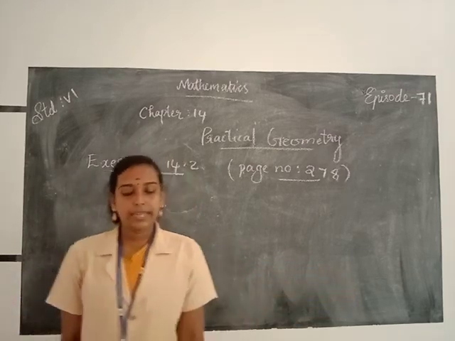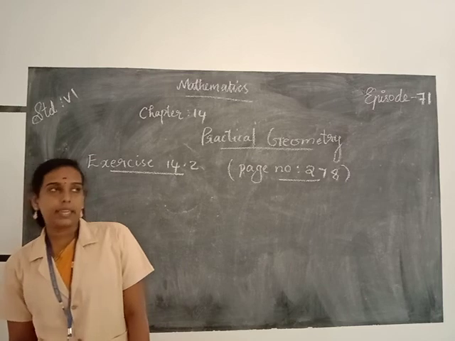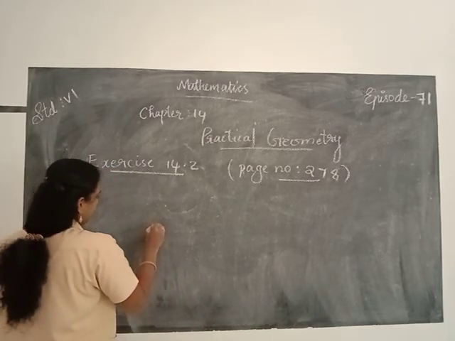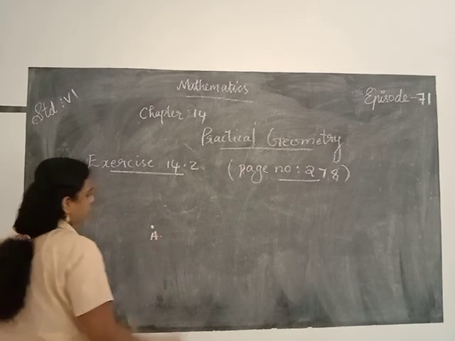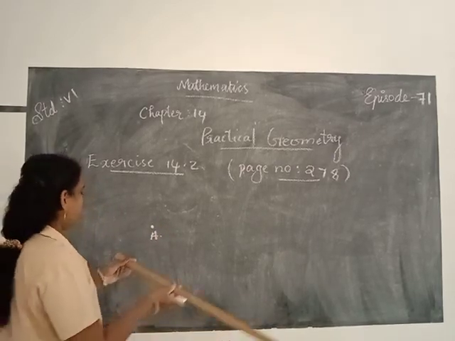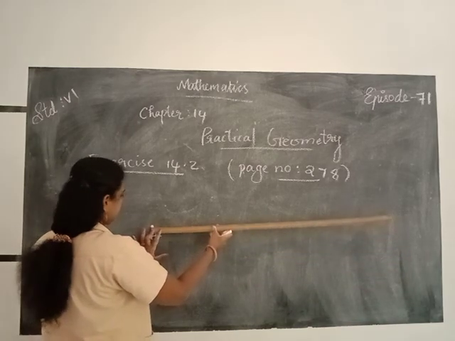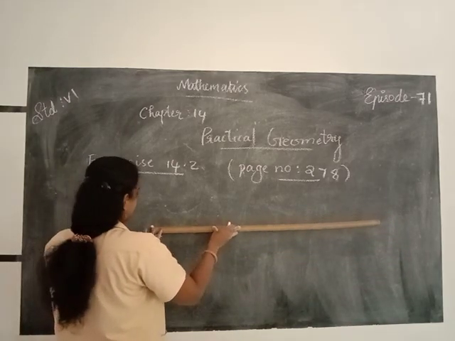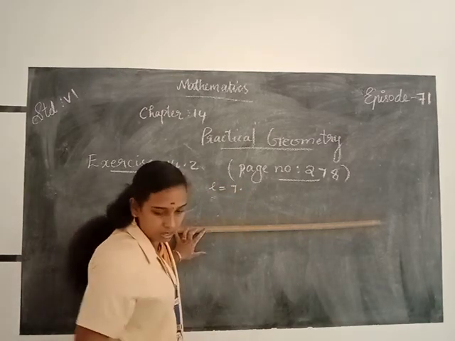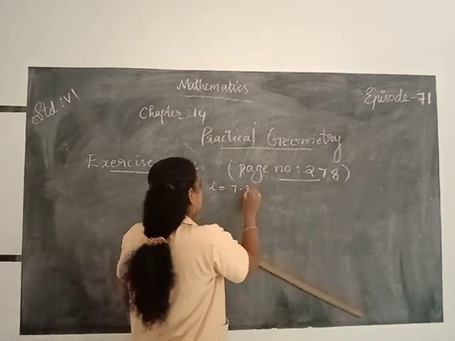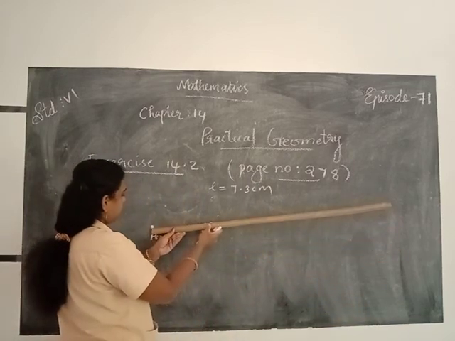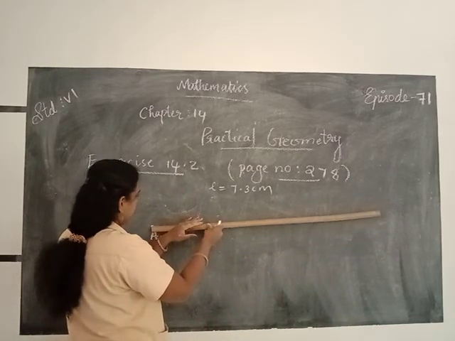So to draw a line segment of length 7.3 centimeter, first you mark a point A on your notebook, then you place the 0 mark of the ruler to the point A.